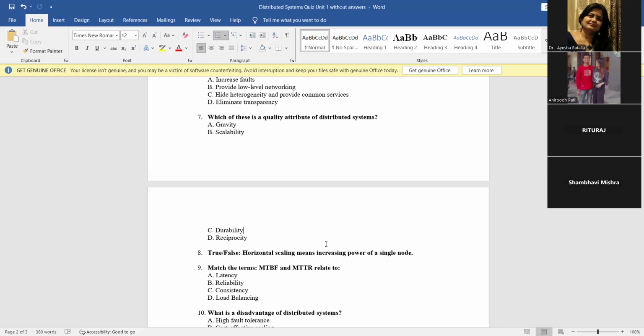This is one of the ACID properties: A is for atomicity, C is for consistency, D is for durability. These are for database systems. Durability is a very important feature in a distributed system, but it is a primary feature for a database system. So that is why the answer is correct. It is C. What do you mean by reciprocity, by the way?